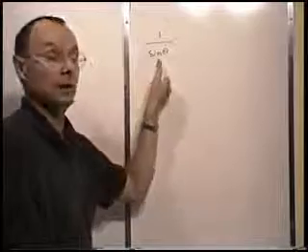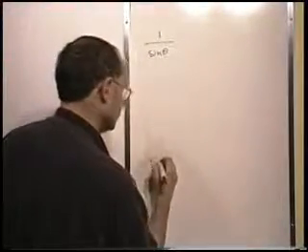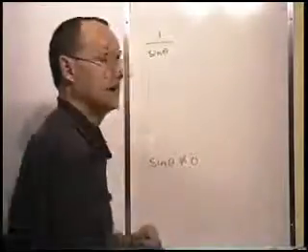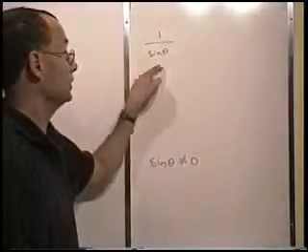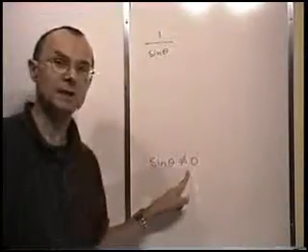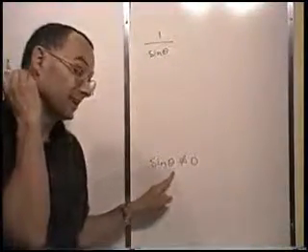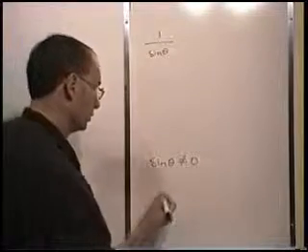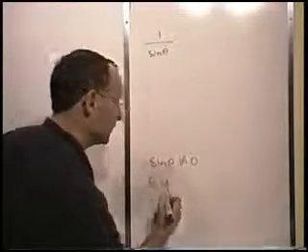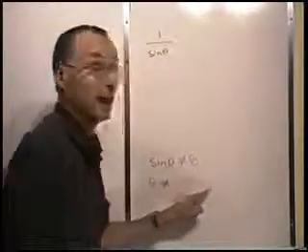What we would say here is, well, you know that sine theta cannot equal 0, because otherwise we've got an undefined situation. And what does that mean in terms of theta? If sine theta isn't equal to 0, what does that mean about theta? It means that theta can't equal certain values.